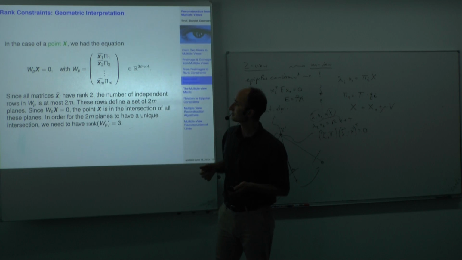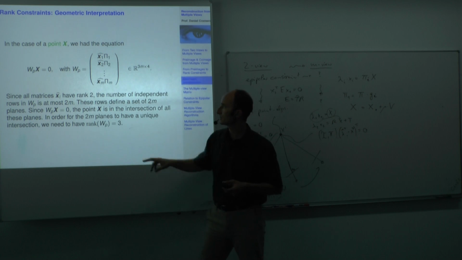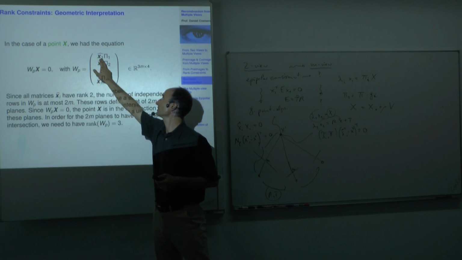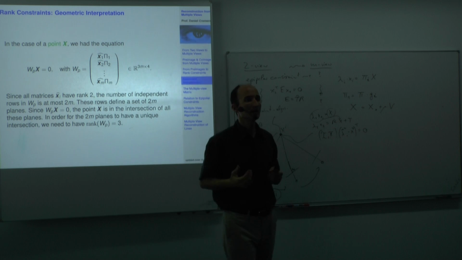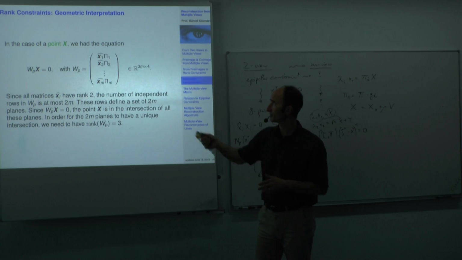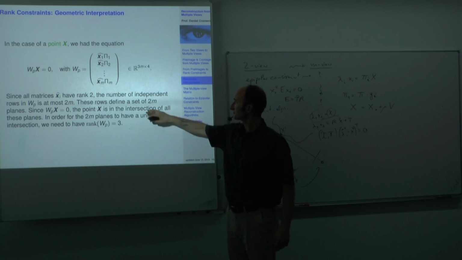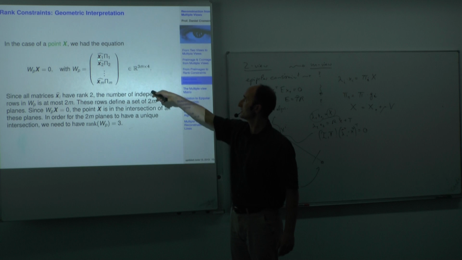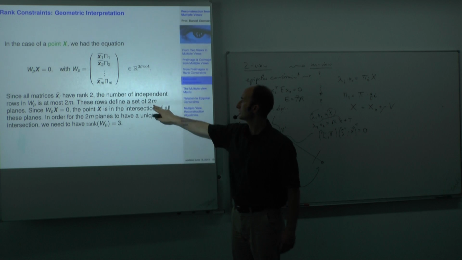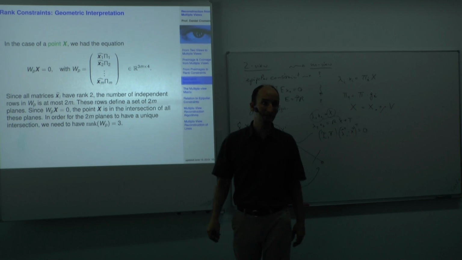Rank 0 only if it's a 0 matrix, which means you have only a 0 coordinate vector, which, since the third component of these xi's is always 1, is not possible. So these have exactly rank 2. And so the rows of this matrix define a set of 2m planes.